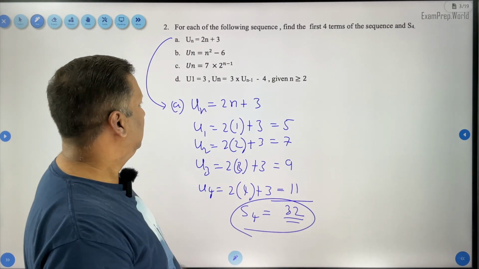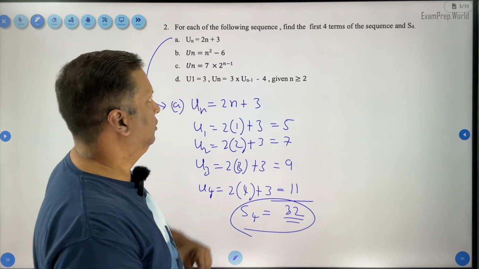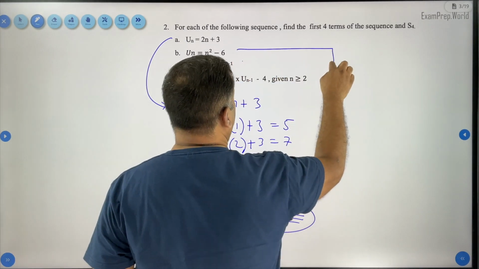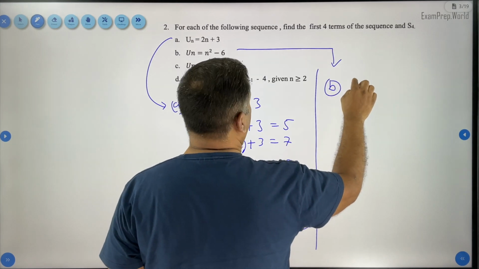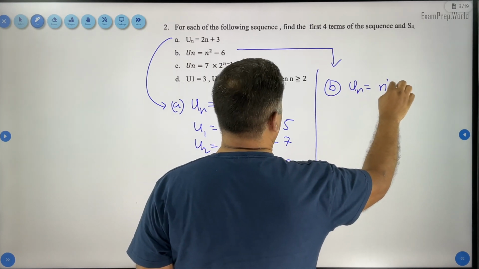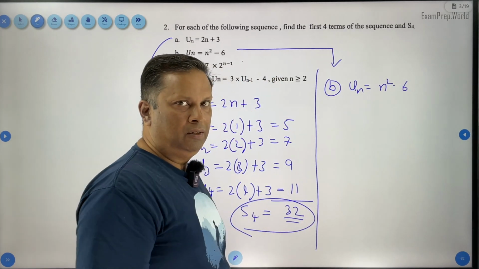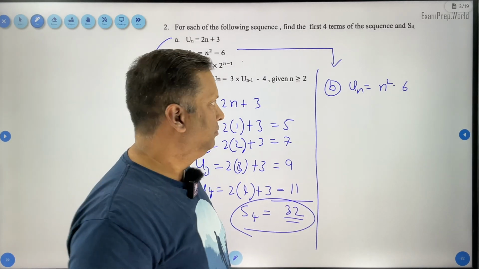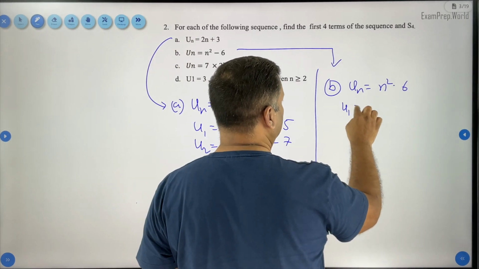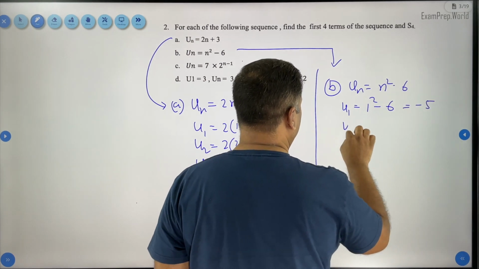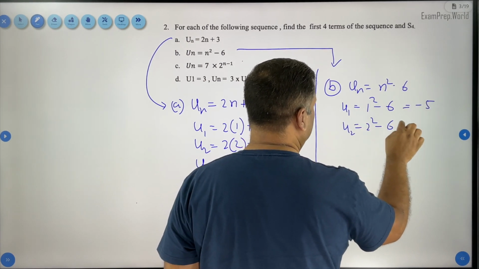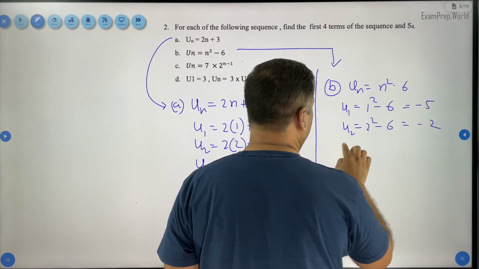Now let's try and do B. In B, they have given Un is n square minus 6, right? So start doing this question. What is U1? 1 square minus 6, which is negative 5. U2 is 2 square minus 6, negative 2.